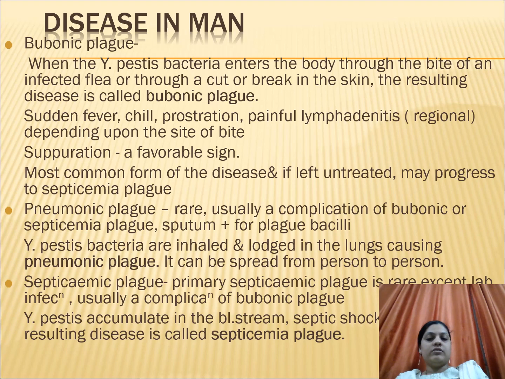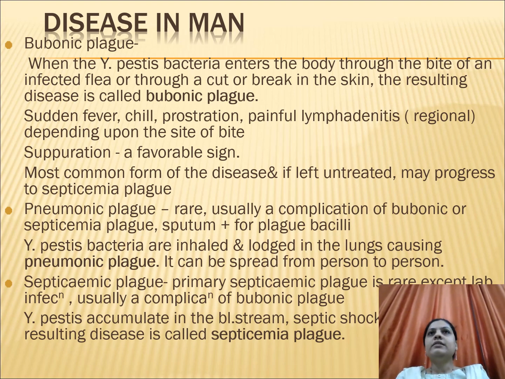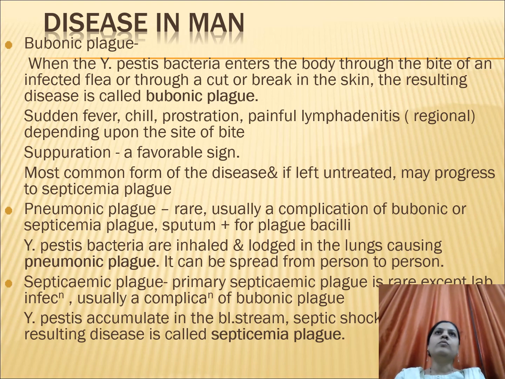Pneumonic plague is usually a complication of bubonic or septicemic plague, where the sputum is positive for plague bacilli. Yersinia pestis bacteria are inhaled and lodged in the lungs, causing pneumonic plague. It can spread from person to person. So initially the infection was transmitted by the rat flea from the rodents, and initially it was limited. Bubonic plague is a dead end disease because the bacilli remain limited to the buboes or the lymph nodes. If we take measures to control the rat fleas, the cases would come under control.